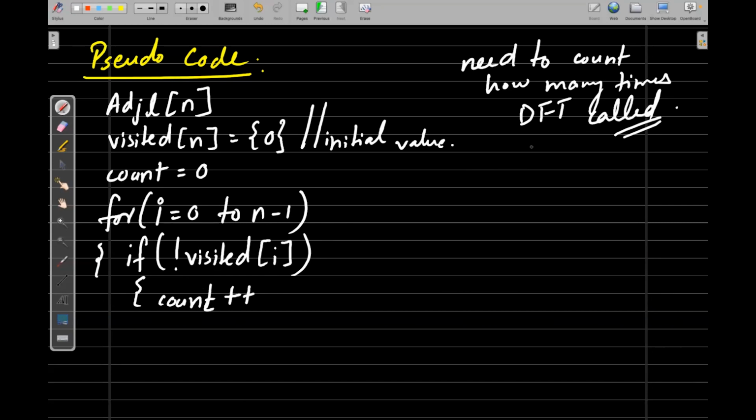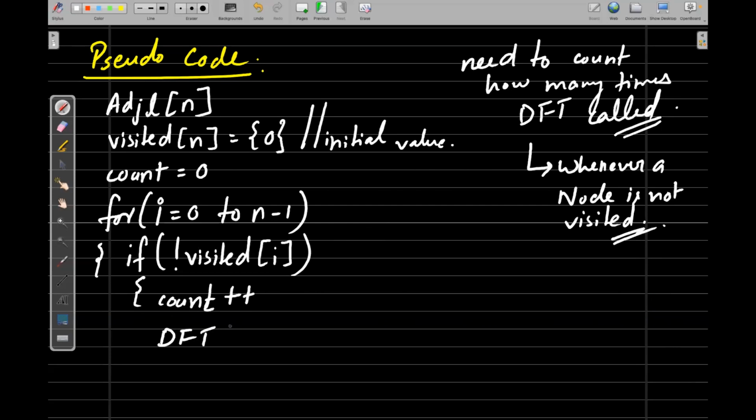Whenever a node is not visited, count plus plus, and then DFT is called. I'm not going to write the logic for your DFT function. Do it on your own. That's all.